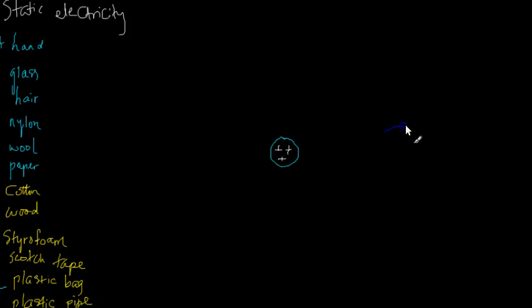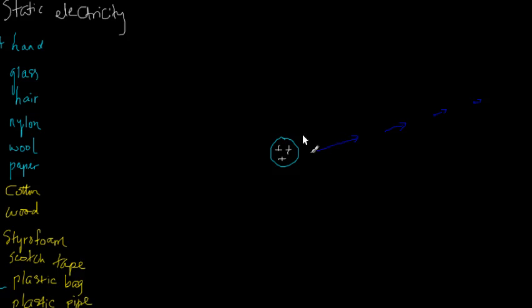If I put it a bit further away, it would be in the same direction, but it would be a smaller force because it's further away. And if I put a charge there, it will experience a force also in the same direction, but even smaller. But if I put the positive charge closer to this glass ball, it will experience a bigger force, again in the same direction. Okay, so that's what we can understand.